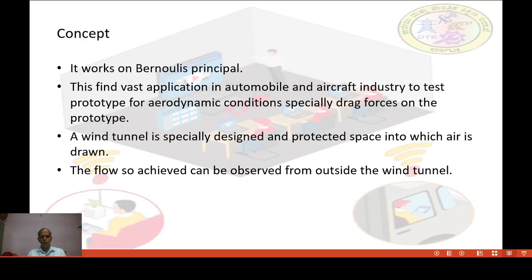The flow so achieved can be observed from outside the wind tunnel through transparent windows attached to the testing section. The enclosed test section and flow characteristics are measurable using specialized instruments. Objects such as a model or vehicle can be immersed into the established flow.